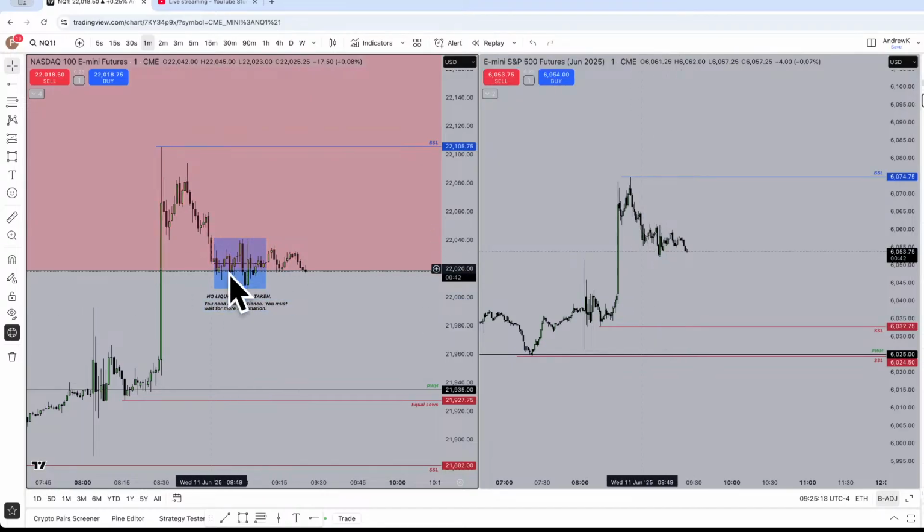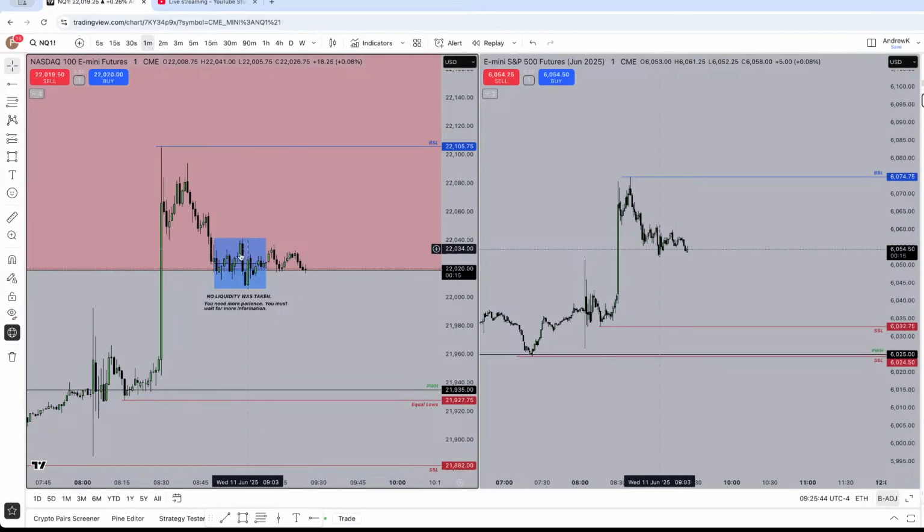If you cannot recognize it, a lot of people think every macro is going to serve a point of entry. That's not true, because you need to understand. I got asked the same question yesterday, and I had to point this out. If no liquidity was taken in here, why would you take a trade?